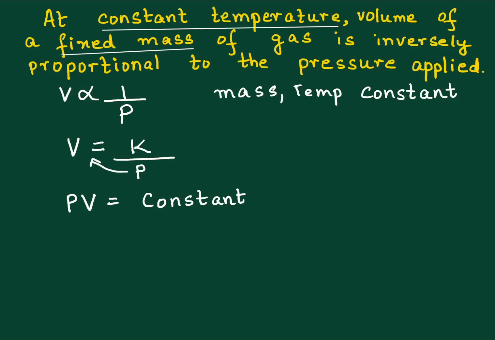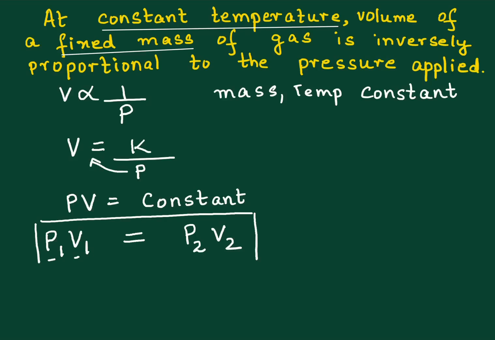So if at the same temperature for a fixed mass of gas, I have two sets of values for pressure and volume, in other words, if at pressure P1, the volume of the gas is V1, and at pressure P2, the volume of the gas is V2, then the two products are constant and fixed, and so P1 V1 is equal to P2 V2, and that gives us the first formula of this particular chapter.